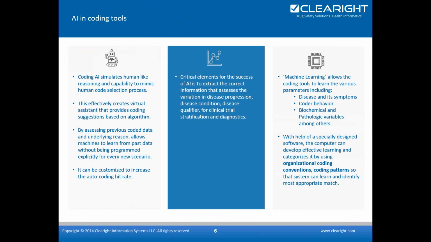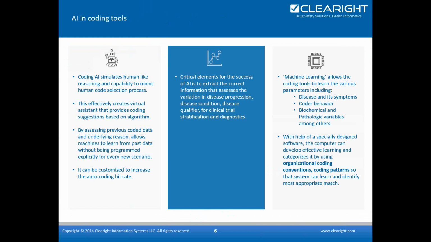With the help of specially designed software, the system can develop effective learning and categorize by using the organizational coding convention and coding patterns, so that the system can learn and identify the most appropriate match from the dictionary, the synonym list, or the available data. AI needs machine learning that enables coded data, sensitivity and specificity.